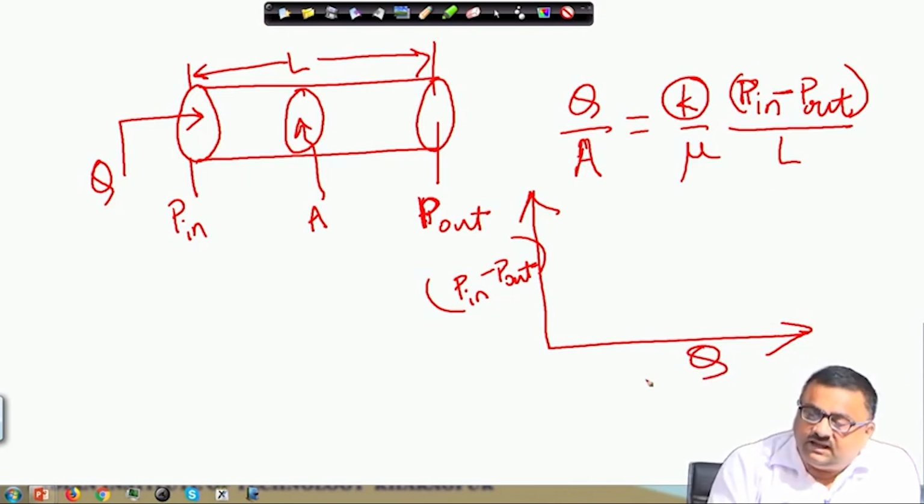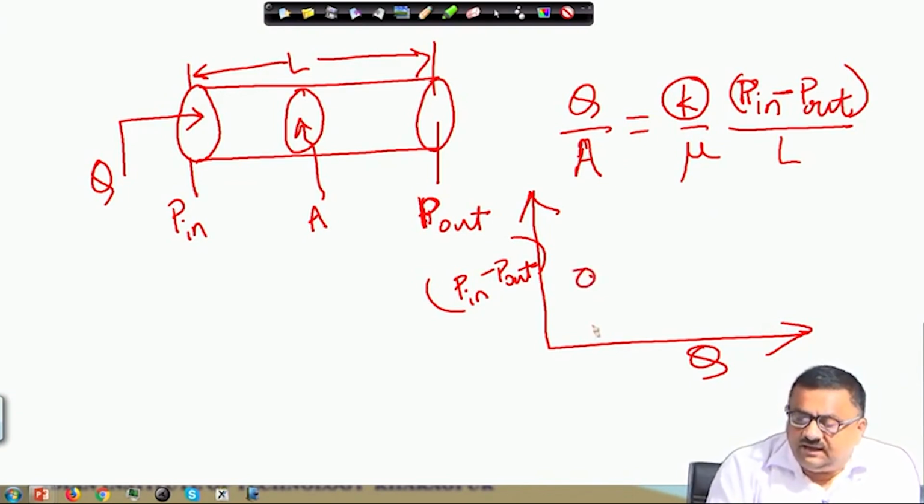So, I put in a single flow rate and I get some value of P in minus P out. That means I am giving 1 meter cube per hour, let us say, or 0.1 meter cube per hour flow rate, and I am getting a pressure drop. To establish that flow through the porous medium, we get a pressure drop of so many Pascal. Then this forms a point on this plot.